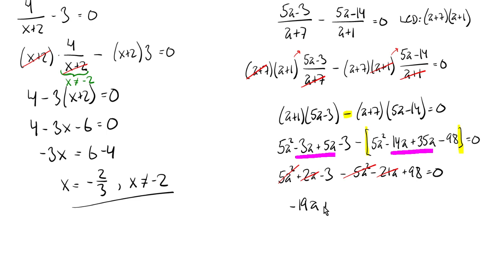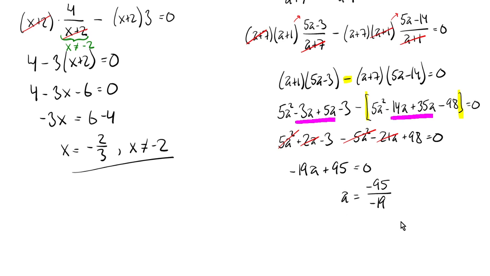That's going to be positive 95 equals 0. And the final two steps will be to subtract 95 from both sides and divide by negative 19. So we're going to get a equals negative 95 divided by negative 19. So negative divided by negative cancels, and this equals 5.